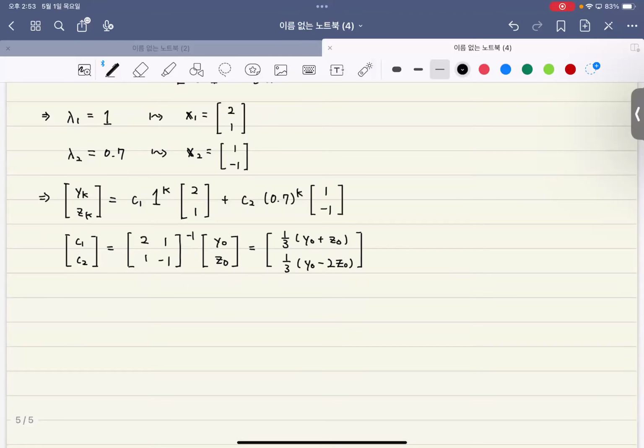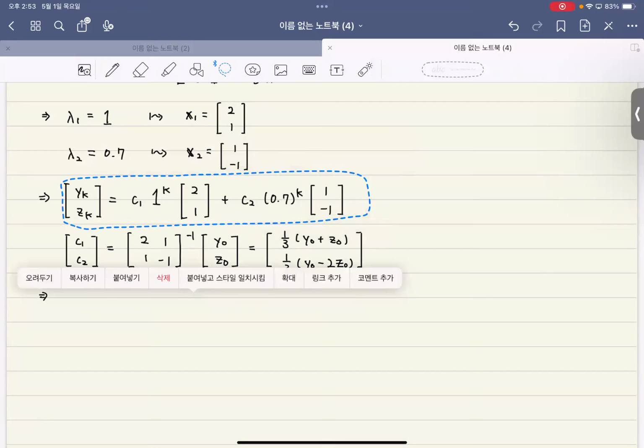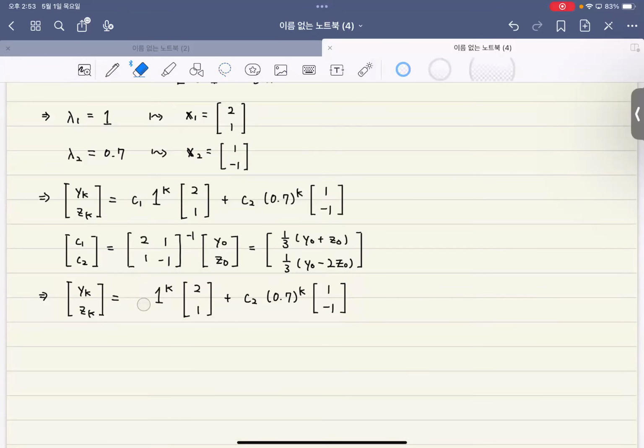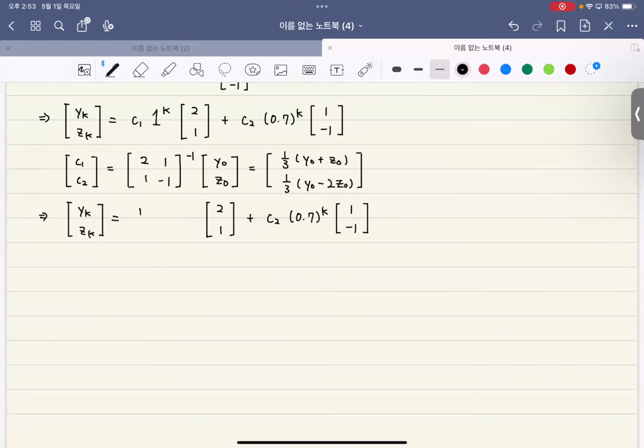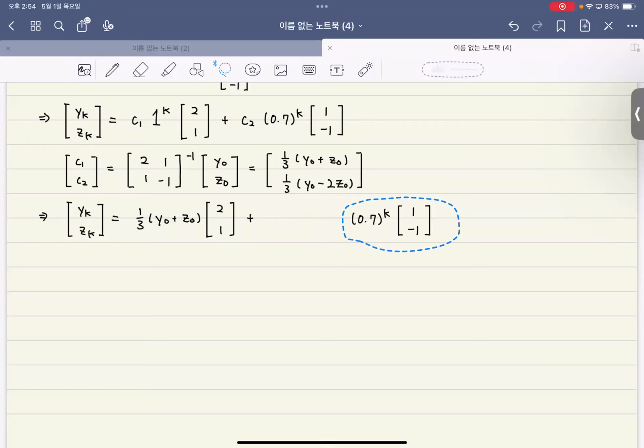Okay, so this is the solution. Okay, great.